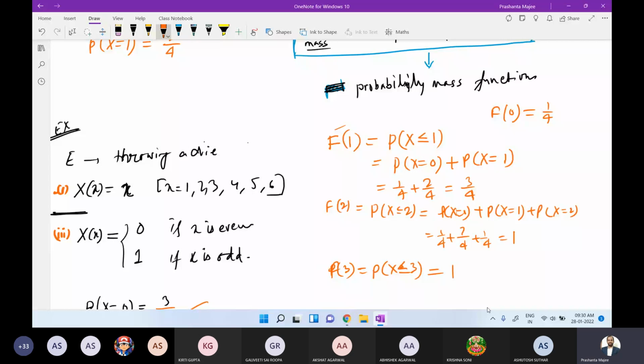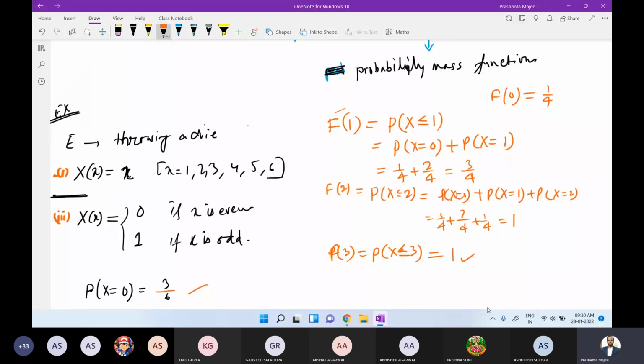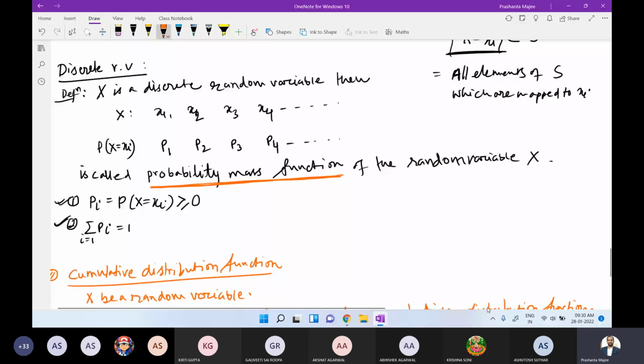Similarly F of 4, F of 5, F of 2.5, F of 2.1, all those will be 1. So you have to add all the probabilities up to that point. That is the cumulative distribution function. What is the total probability up to that point?